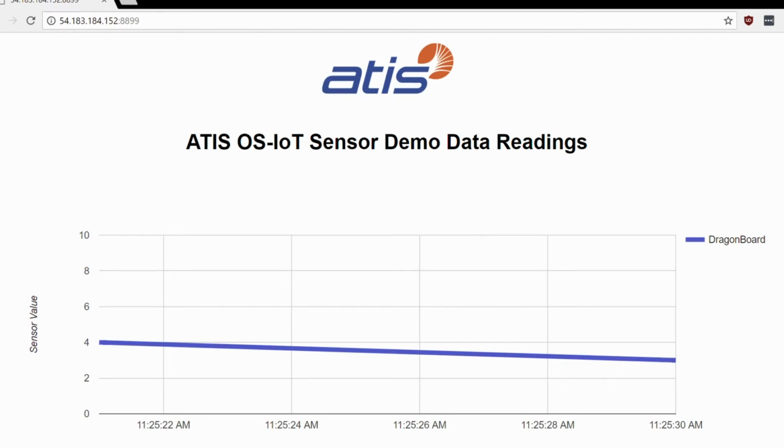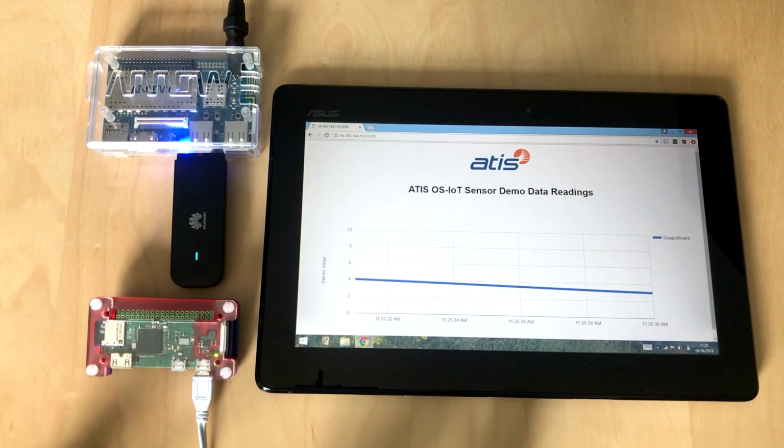that graph will start to show data points from that sensor. So we also have the second sensor device booting up right now. This is a Raspberry Pi 0W, so it's quite a constrained 32-bit ARM device, and that's connecting over Wi-Fi in this example. And what we're providing with OS-IoT is the ability to read and write 1M2M resources in really just a few function calls.